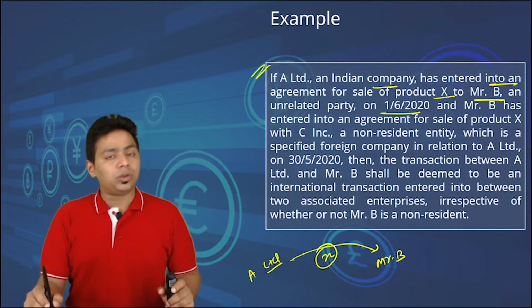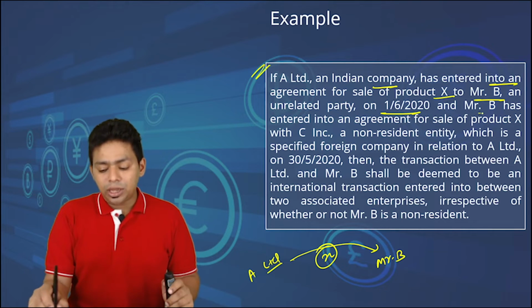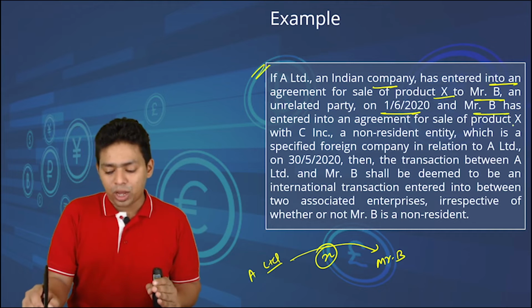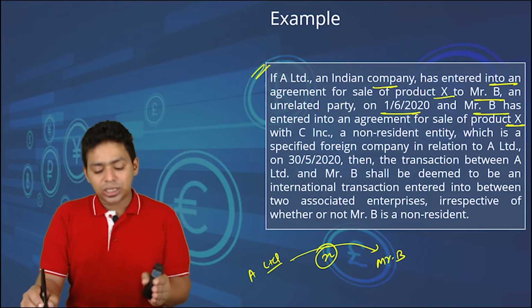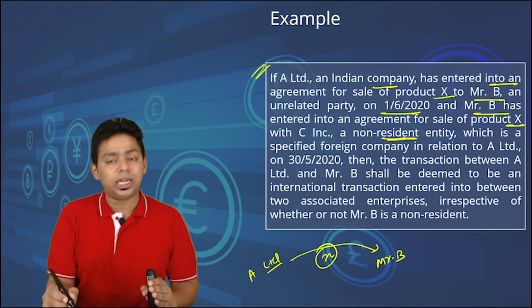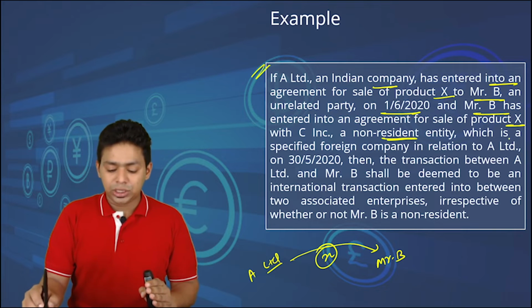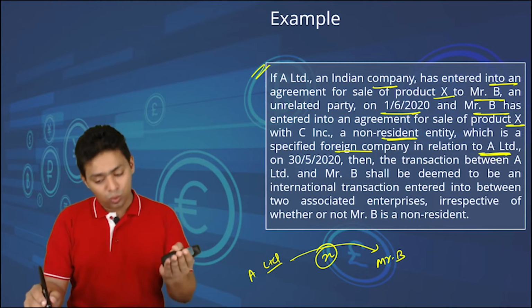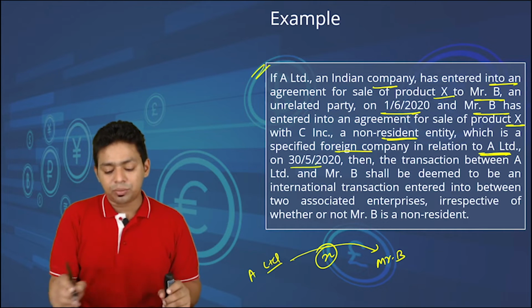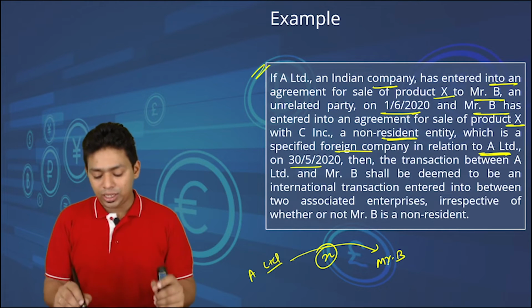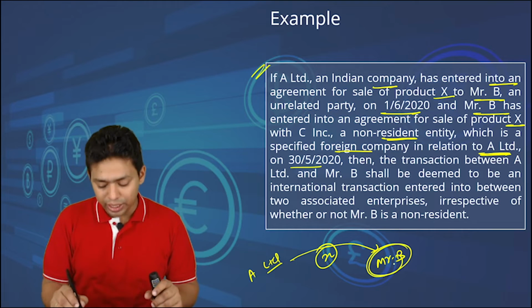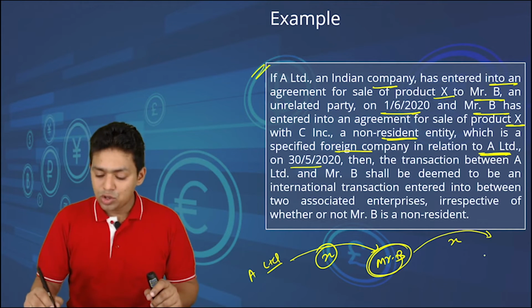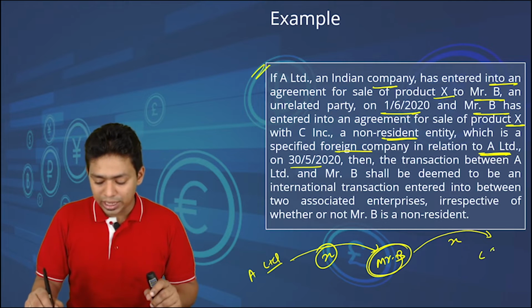On 1st June 2020, Mr. B has entered into an agreement for sale of product X with CINC, a non-resident entity which is a specified foreign company in relation to A Limited. On 30th May 2020, so please understand, Mr. B has already agreed to sell this X product to CINC.